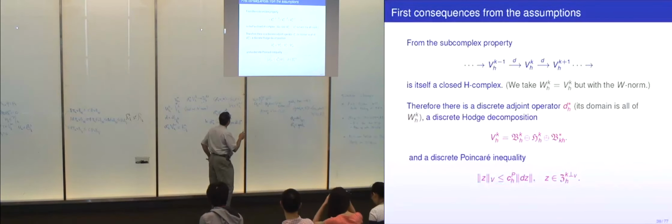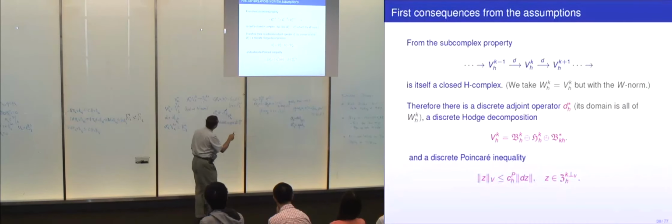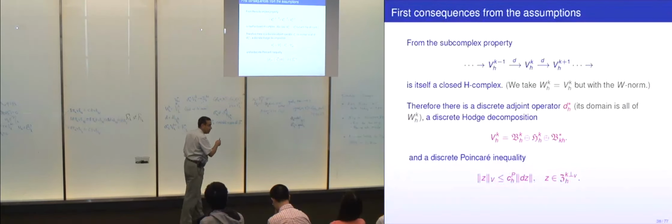The discrete Poincaré inequality says that the norm in V of anything that's orthogonal to the cycles is bounded by the norm of dz. So if you mod out the null space of d, then this inequality holds with some constant.